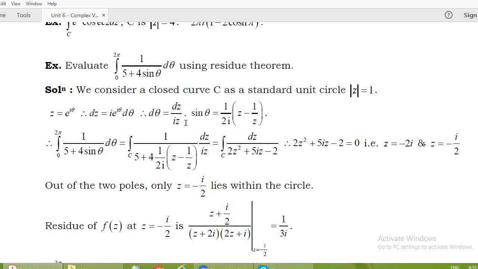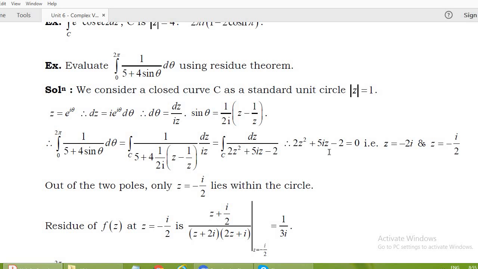Therefore dθ equals dz upon iz, and we know sin θ is equal to (e^(iθ) − e^(−iθ)) upon 2i. So θ is going to be expressed in terms of z. After simplification we get this integral converted into a complex integral.